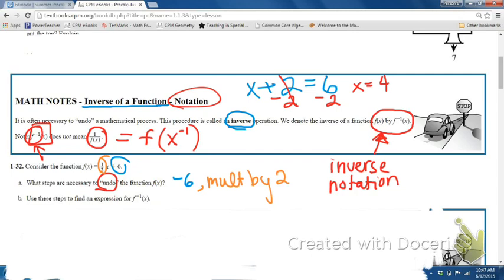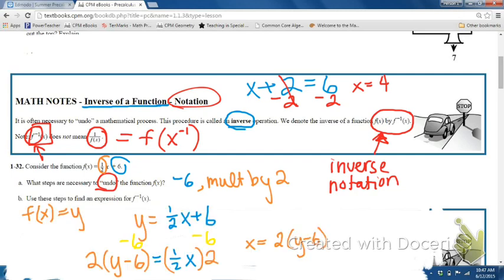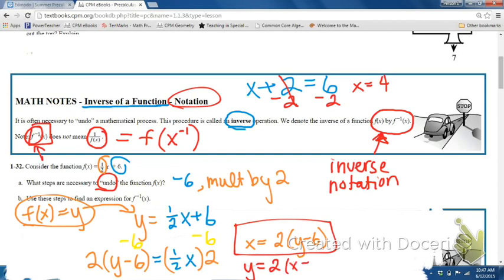I did all the steps for you here on B. So remember that f of x equals y. So right here, I put a y in. And then for the inverse, you guys, we actually want to switch the x and the y value. So this last step right here, I would actually say y equals 2 times x minus 6. And that would be my true inverse, right?